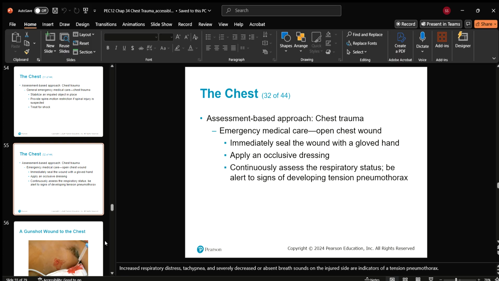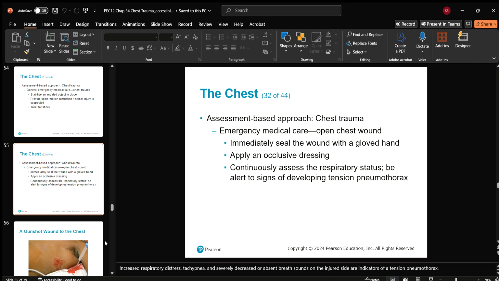All right, with any type of open wound, seal it with a gloved hand immediately. Boom, place it on the chest wall, and then apply an occlusive dressing. I can't visualize this for everybody here, but for you: a lot of people are going to place the palm on top of the chest wall.